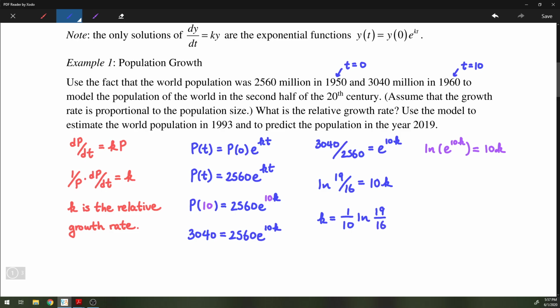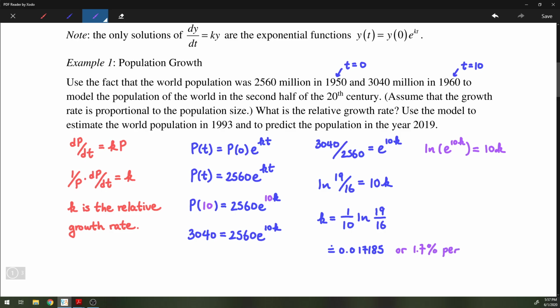And this can be evaluated using a calculator. You get an approximate value of 0.017185. Again, we round it here. In other words, this would be 1.7% per year.